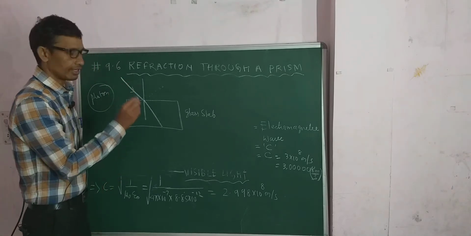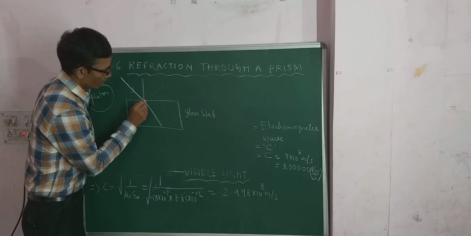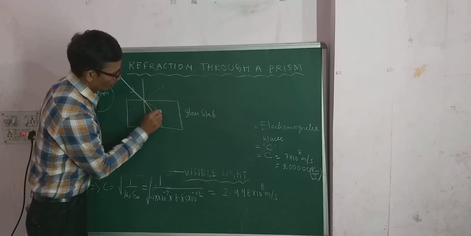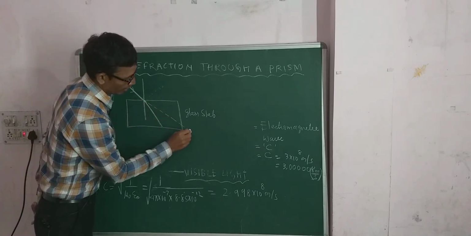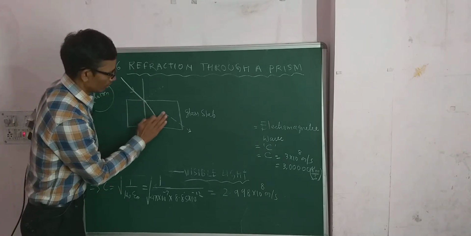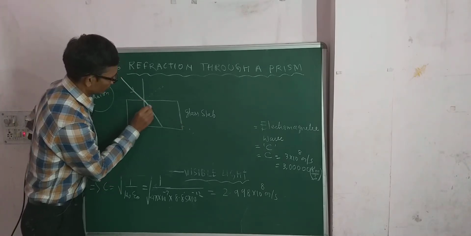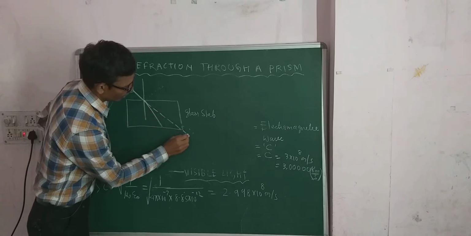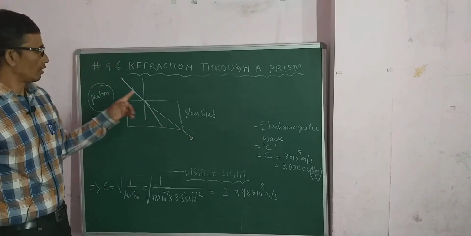But the condition is that they deviate from this line. This line is called the original path of the incident ray.